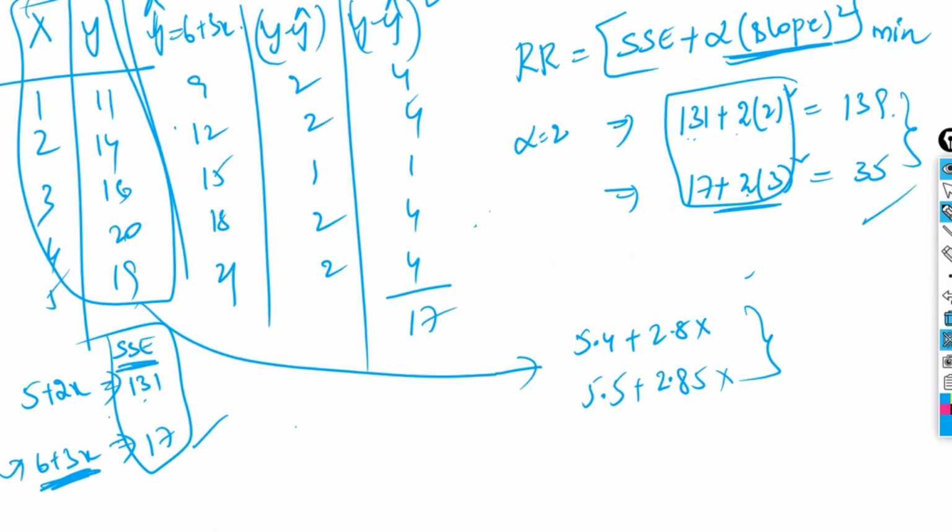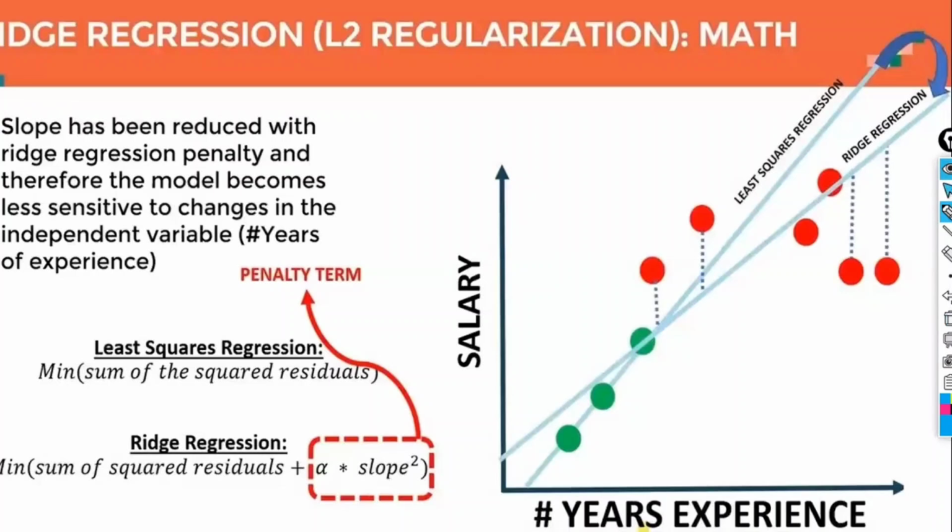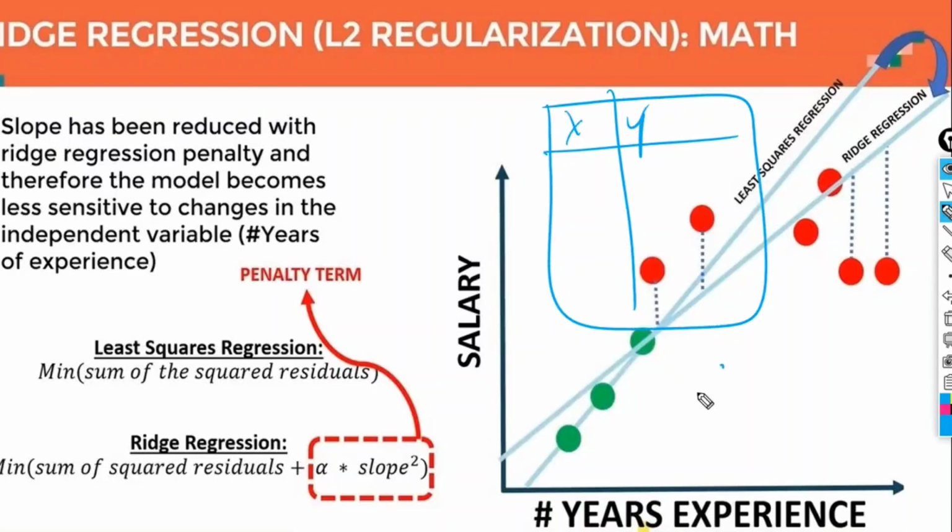Right? So here, the least square method says that we just require the sum of the squares of errors to be minimum. Whereas ridge regression says the sum of the squares of residuals plus alpha into slope square. If a single x variable is there, one x and one y, we are going to do alpha into beta 1 square.